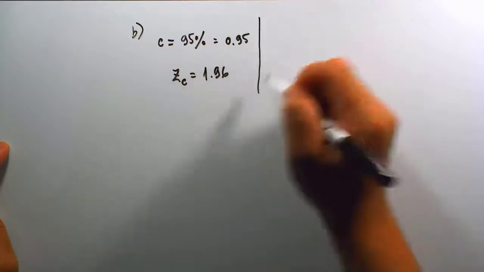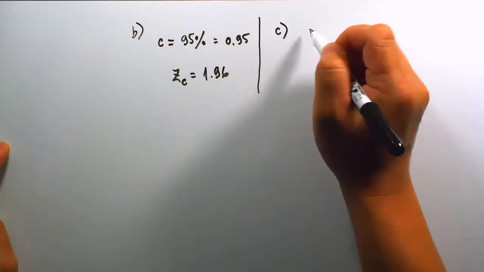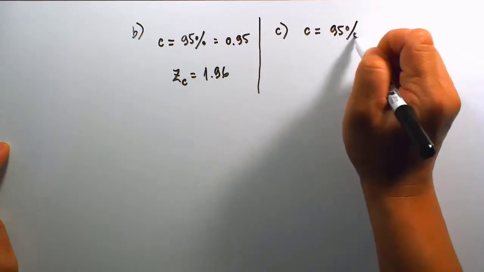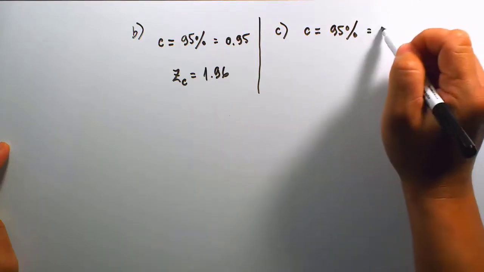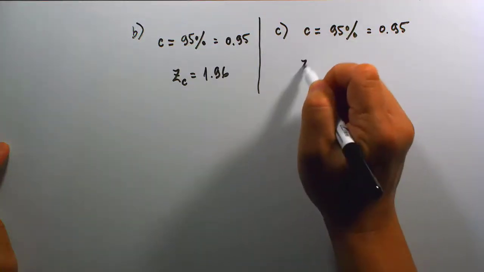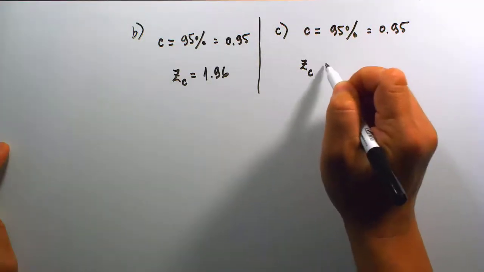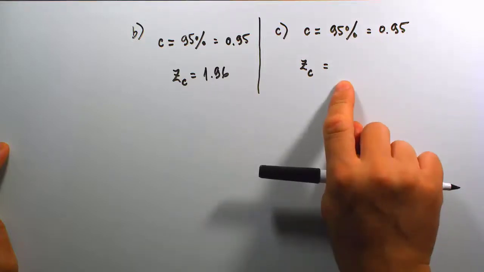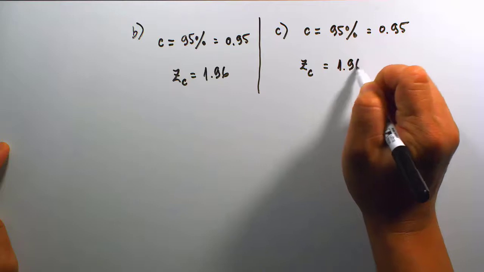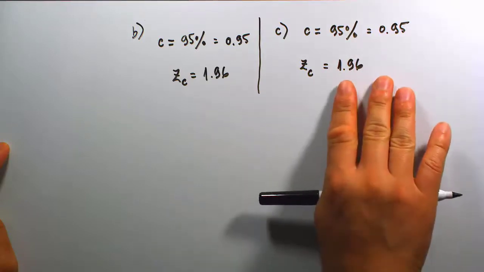And then let's look over to question C. We stay with the same confidence level being 95%, which is in decimal again 0.95. I repeated the steps, and I came to the z sub c being 1.96 again, and I mean exact value, exactly equal.